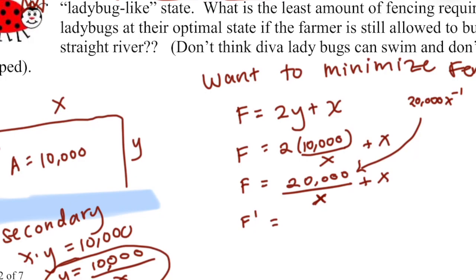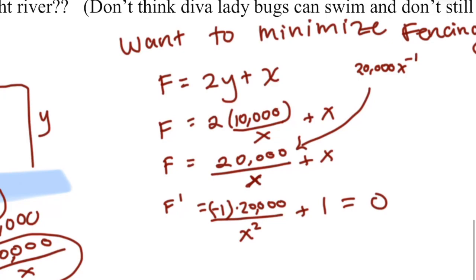So then the derivative, I'd bring down the 1 times 20,000. And then the exponent would become x to the negative 2. So that is x squared, like that. Right? And then this derivative is just 1. Okay? I'm going to set this equal to 0 and try to solve for x.